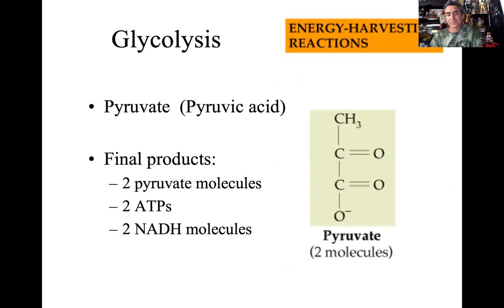So again, after those 10 reactions, starting with glucose, investing 2 ATPs, all the reactions and breaking and shifting, everything that happens, we're left with 2 pyruvate molecules, 2 ATPs, and 2 NADHs. And that's that first catabolic pathway that we call glycolysis.